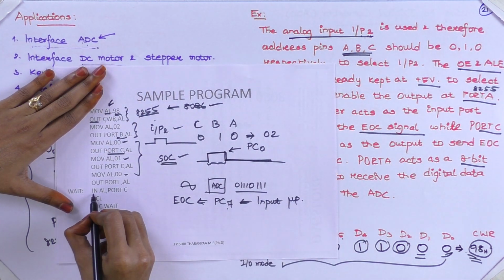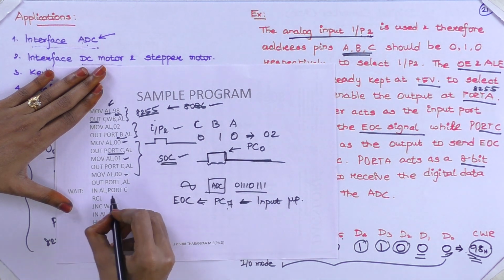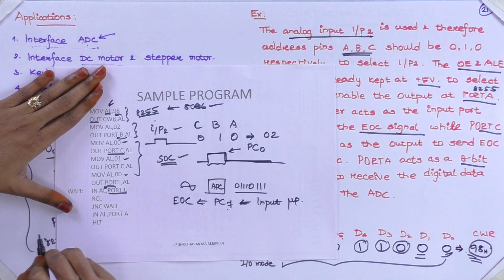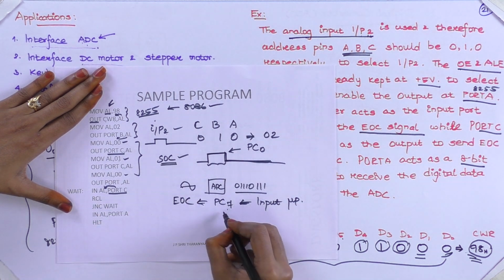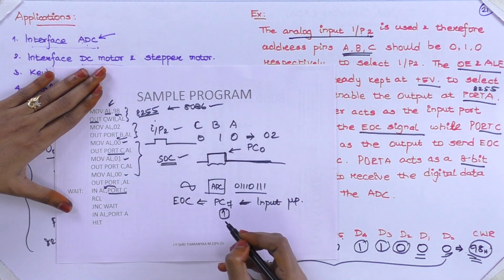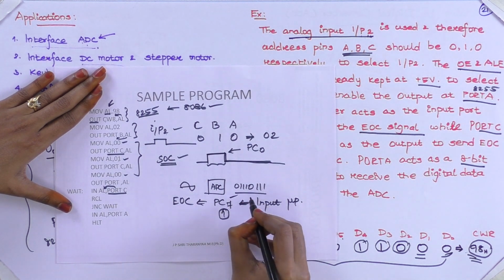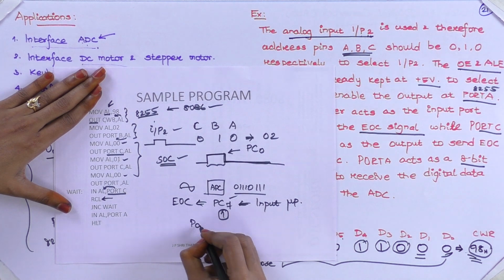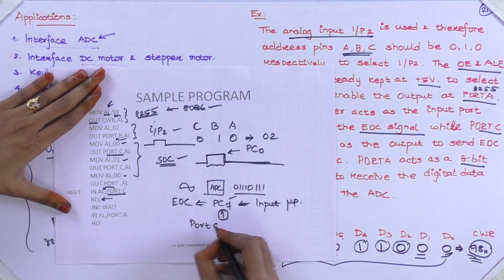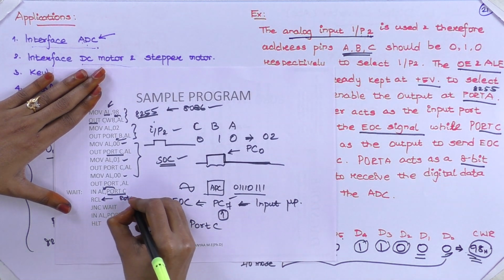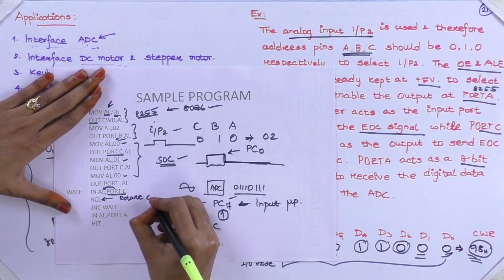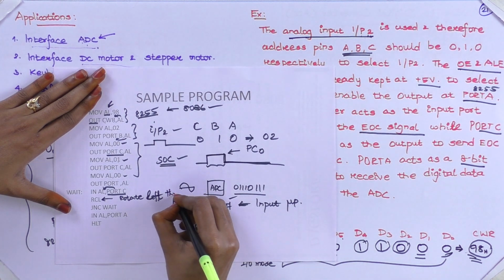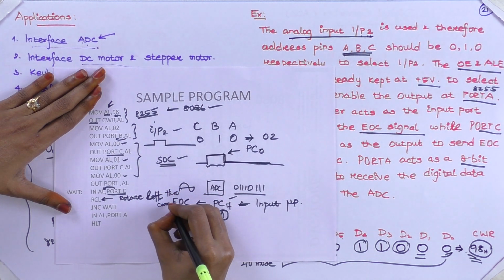The processor will check using IN AL, port C. First it gets the value from port C, then it checks whether this bit is 1 or not. How does it check whether PC7 is 1? It rotates the value from port C. RLC means rotate left through carry.